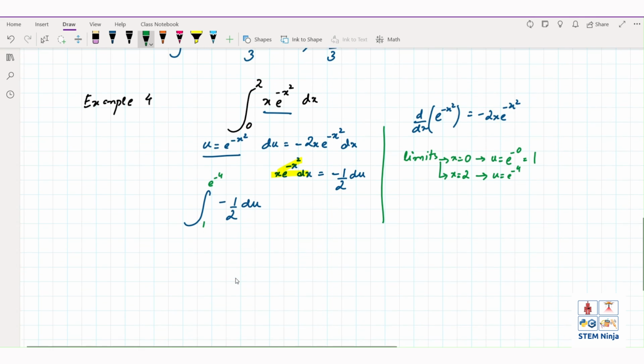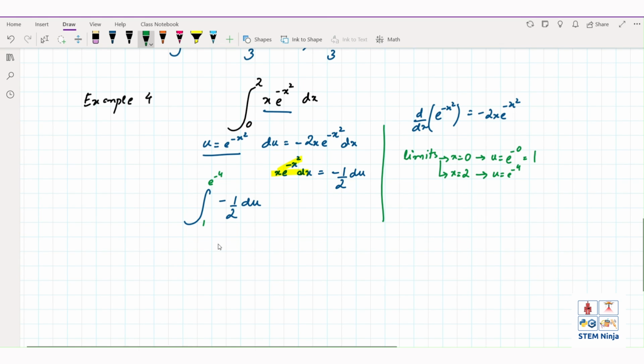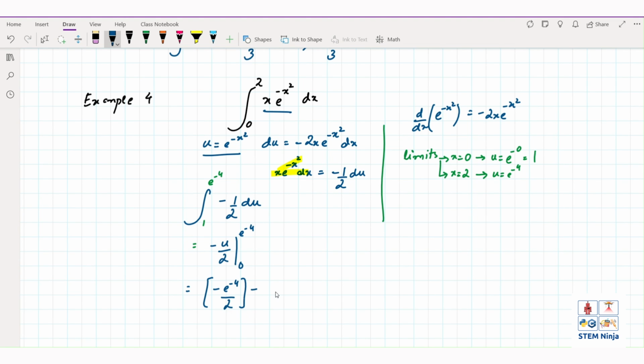So now the integration part. Integration will just simply be minus u over 2. Plugging in the limits, minus e raised to power minus 4 over 2 minus, sorry, 1, this is 1, and minus 1 over 2.